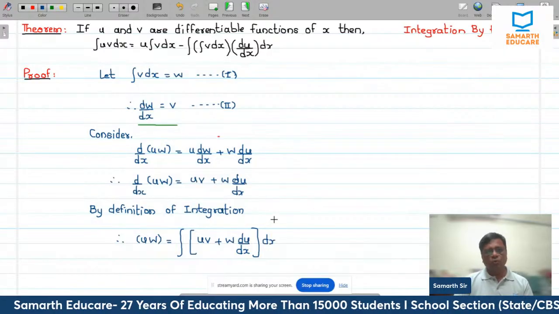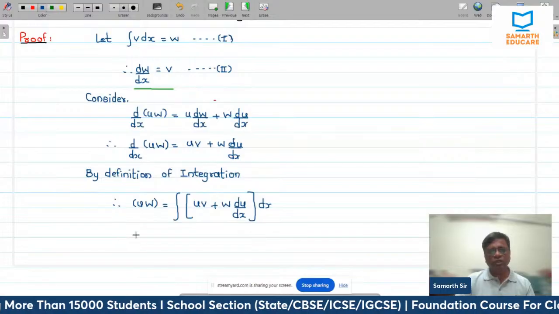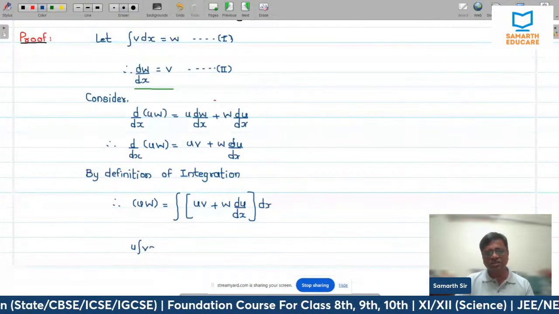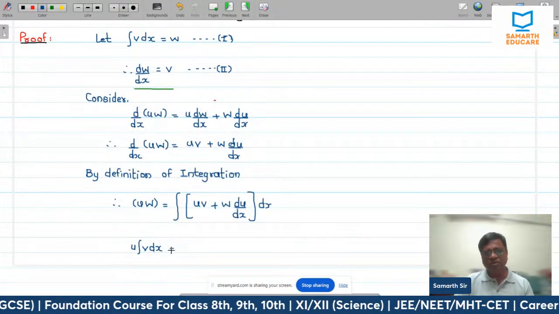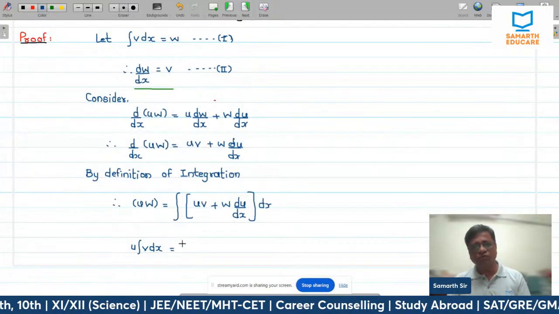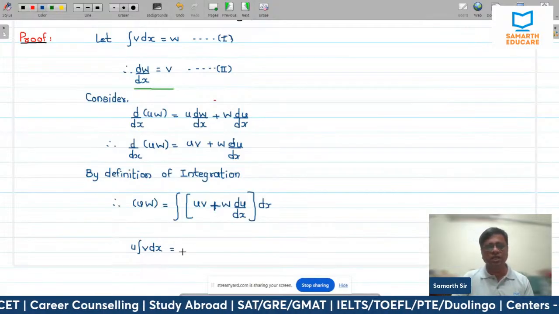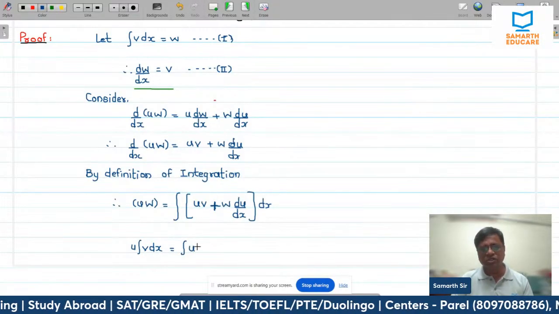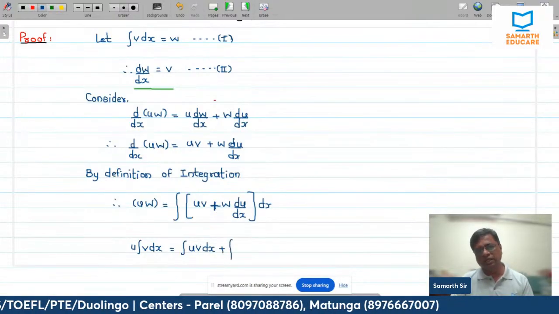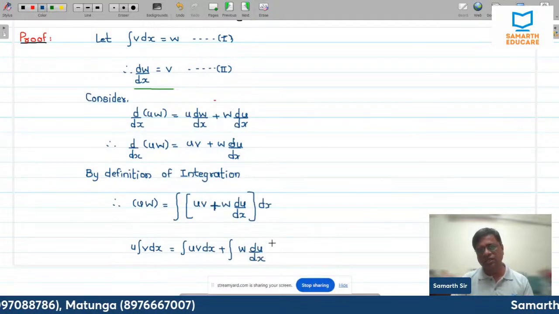All right, now step by step, u into w. What is w? w is integration of v dx. At the same time, on the right hand side, as per the rules of integration, if there is a plus sign in between, the integrations can be separated. So this is integration of uv dx plus integration of w into du by dx.